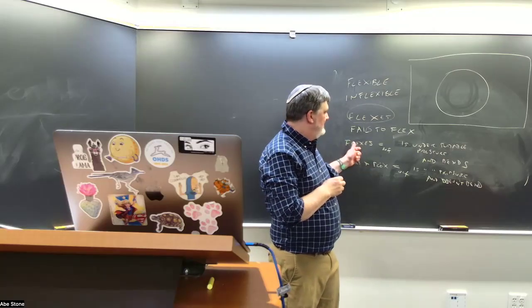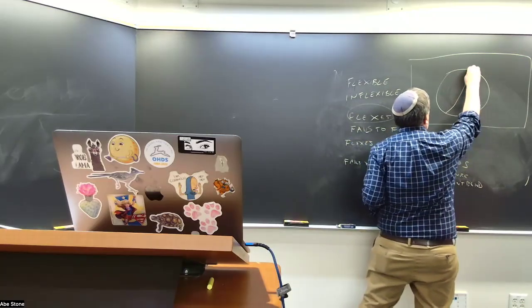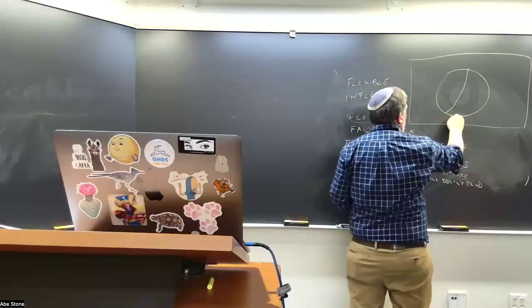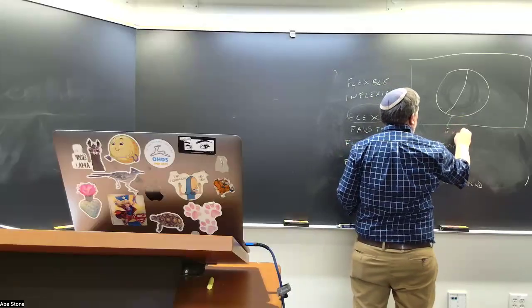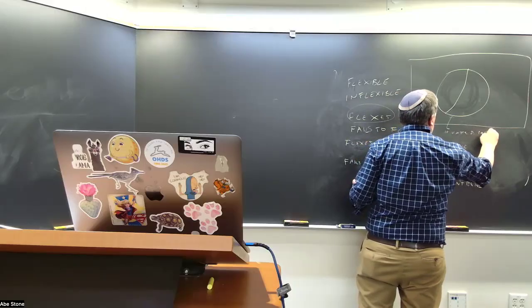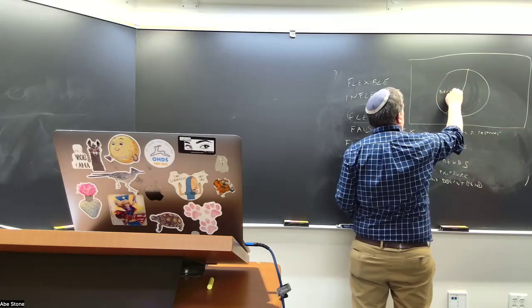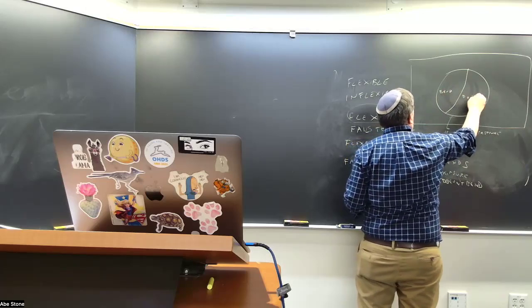And flexes and fails to flex divides this circle into two parts. So this is under suitable pressure, and here we have the things that bend and the things that don't bend.